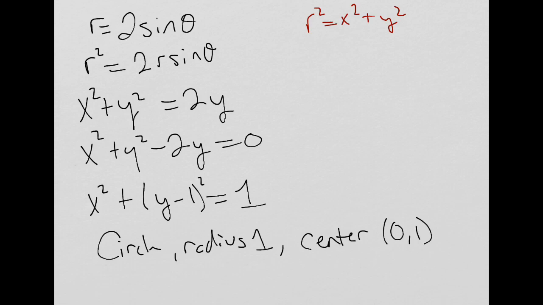Now, I've got one other one for you. Let's try r equals 2 plus 2 cosine theta. Now if I'm going to convert this, I think I'll probably start the same place I did last time. If I multiply both sides through by r, I'll get an r squared, I'll get an r cosine theta.